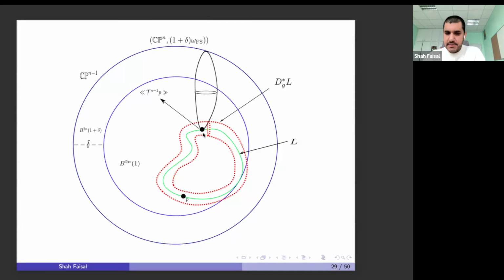Then I consider a point on the Lagrangian, which I still call P, but you can choose it to be a different point. And I consider a holomorphic sphere of degree 1 passing through that point with the tangency constraint n-1. And this kind of sphere exists for generic almost complex structure that I explained in the first part of the lecture.